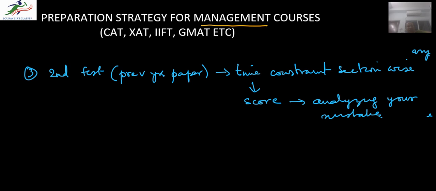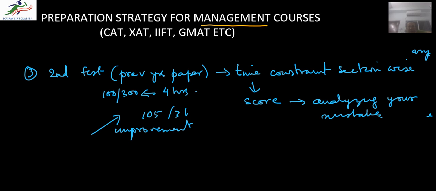Now what is important is that there should be a progressive improvement between your attempts. So if, for example, in your first attempt you had scored, let's say, 100 out of 300, and that too in 4 hours, then in your second attempt you should be able to score 105 in 3 hours.